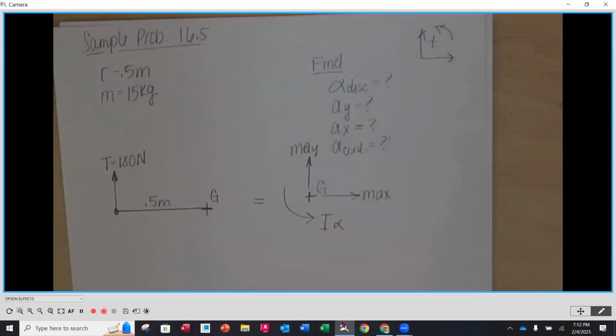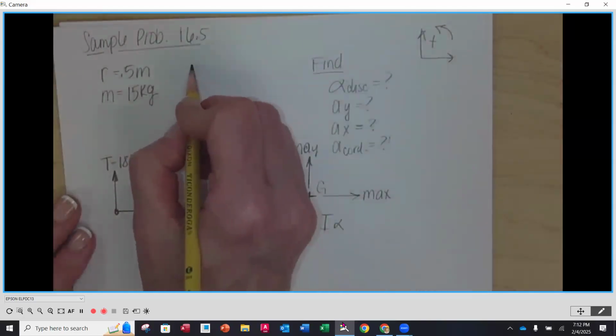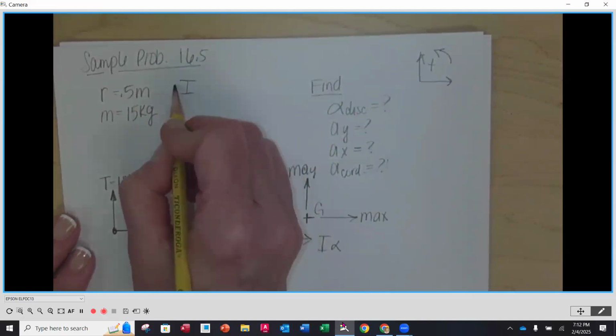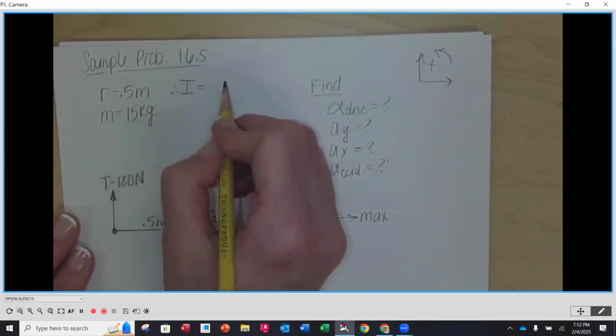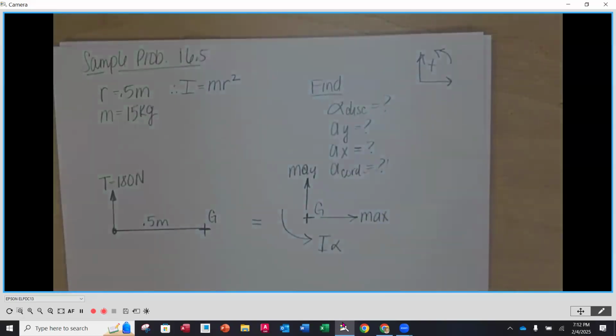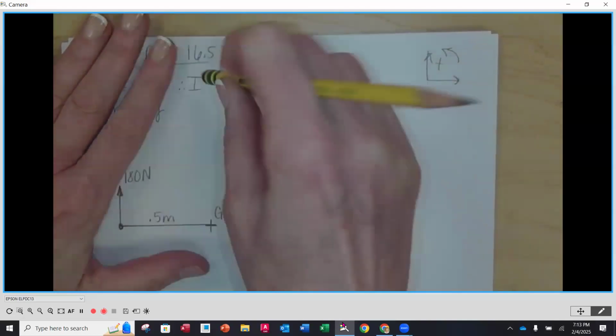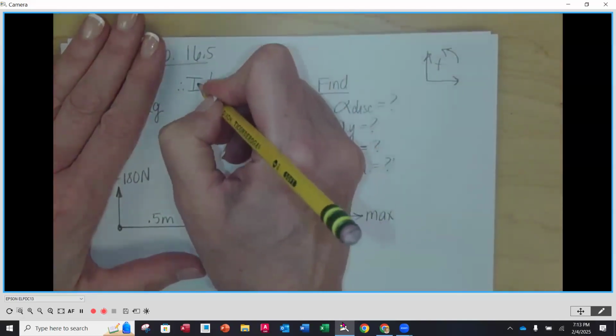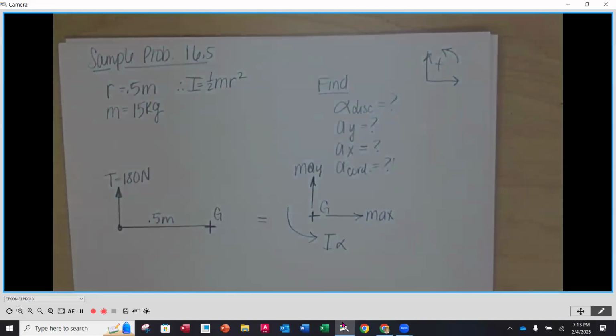So it's radius this time, not radius of gyration, and that'll come in handy a little later. I'm going to put a note up here where I is equal to one half m r squared, because we'll refer back to that. Sorry, I forgot the one half. Got to get it right in order to get the right answer.